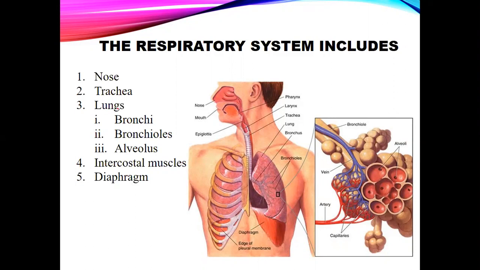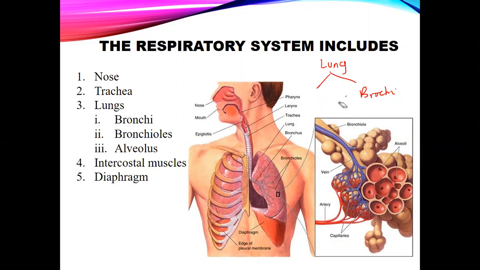Amongst them are the nose, the trachea, the lungs, the bronchi. Now the lungs are divided into sections. The surface area of the lung is not much, so the lung is subdivided into bronchi. The bronchi are also subdivided into bronchioles, and the bronchioles are subdivided into the alveoli.